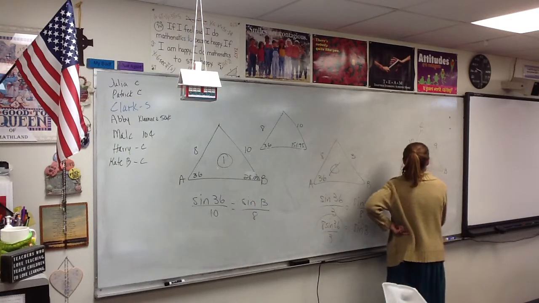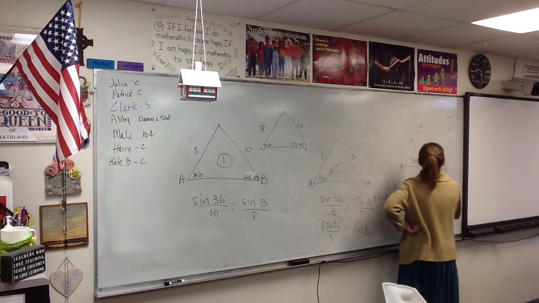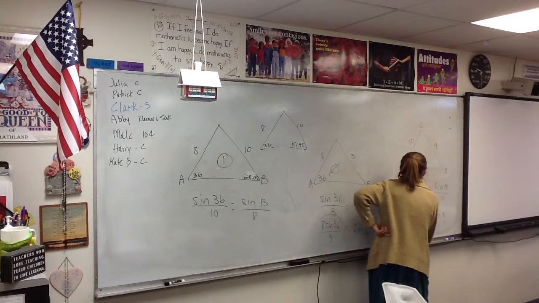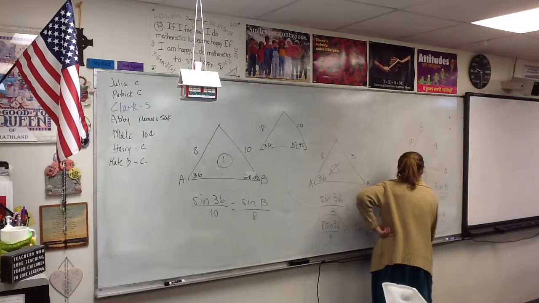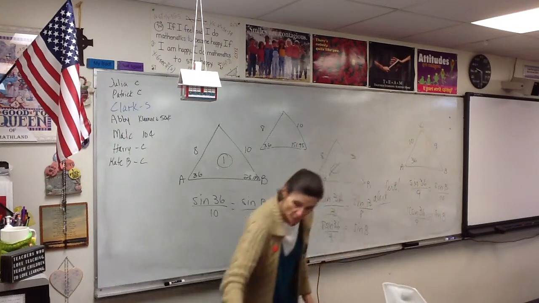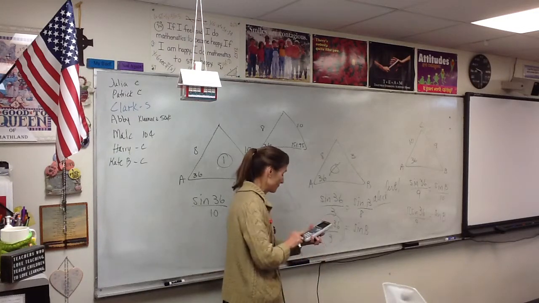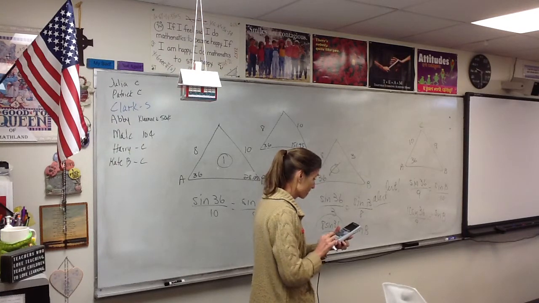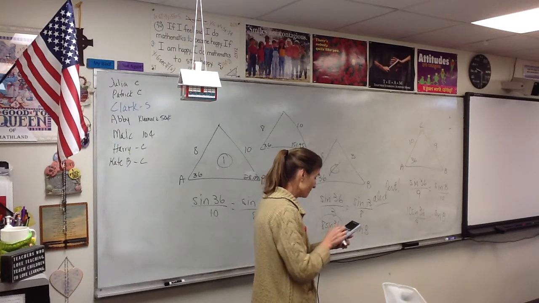Sine 36 over 9 equals sine B over 10. So sine B equals 10 sine 36 over 9. All right, this is an alert situation. Let's see what happens. Okay, I'm going to get an answer.